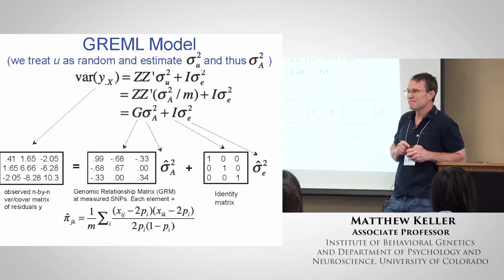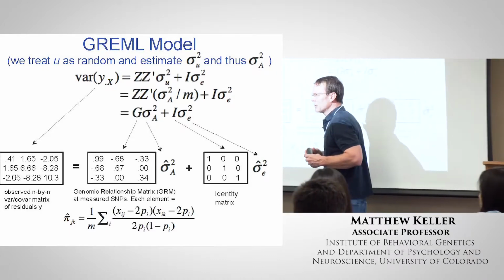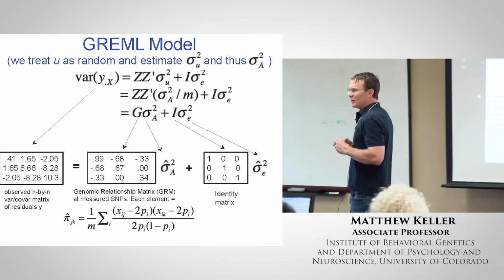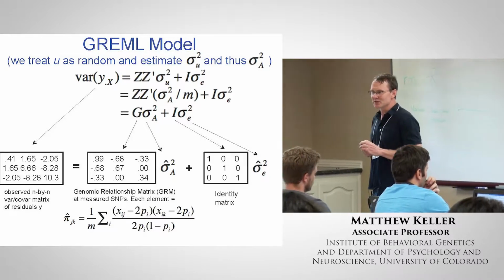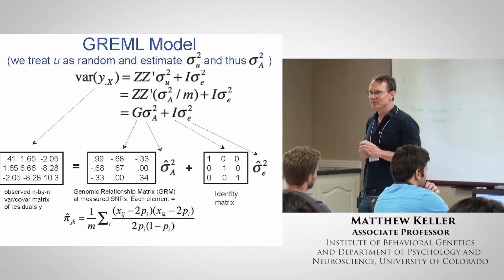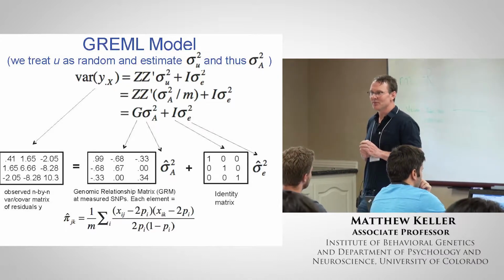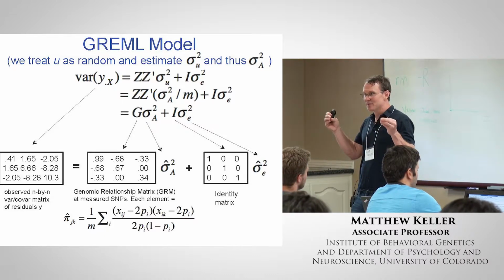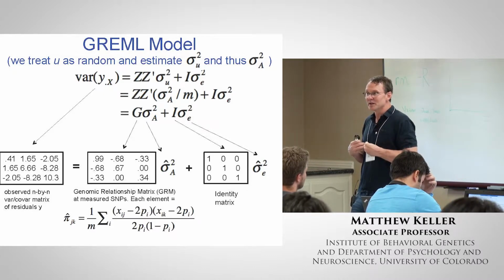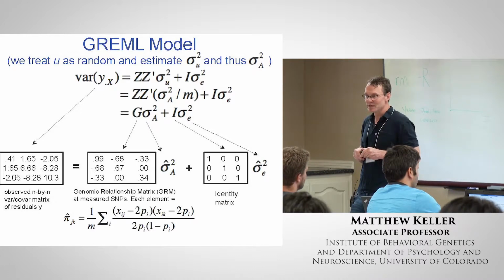Should we expect the diagonal to be close to 1 or actually 1 by definition? No, because you can be more similar to yourself than expected on average. So if this is a measure of inbreeding, if your parents are more similar to each other than expected on average, in other words, if they're, say, cousins, then your similarity to yourself is going to be higher than other people's similarities to themselves.